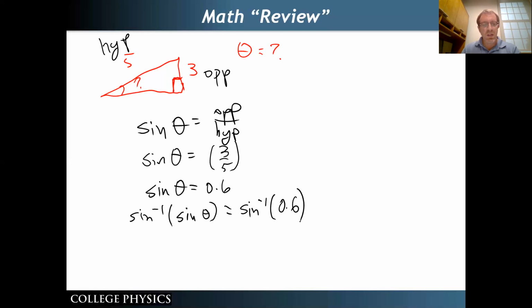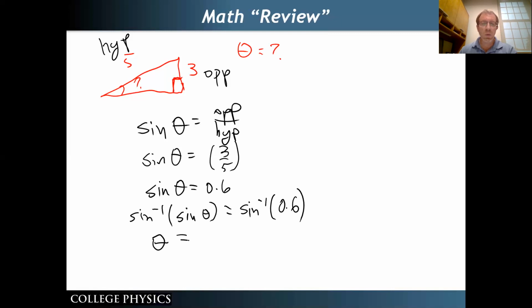Well, let's see. What's the inverse sine of sine theta? That would just be theta. So on the left-hand side, I'm left with theta because I've done exactly the opposite of sine. And then on the right-hand side, I've got sine to the negative 1 of 0.6. So at this point, on your TI-83, you would hit second and then sine to get to that inverse sine.